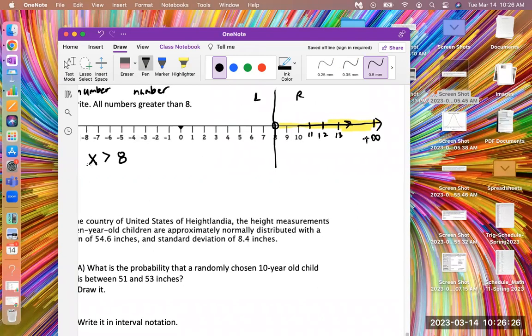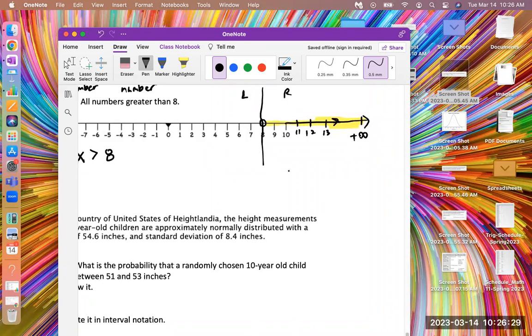The way to write this in interval notation is you write the smaller number, or we can call this number the lower bound of the interval, because it's bounding. Something bound is a boundary. You don't go past that. The highlighting doesn't go past it. So the smaller number, or the lower bound, because that's what your calculator calls this value, is the 8.